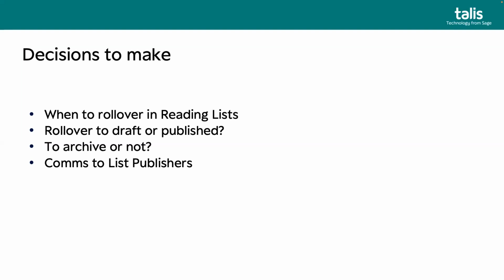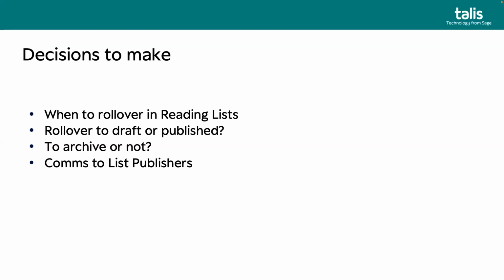But again, what are you going to do with your academics who haven't engaged? You can run reports every week in the All Lists area to identify which newly created lists haven't actually been touched. But you still might have to do some chasing if no one has actually taken any action against any of those lists.